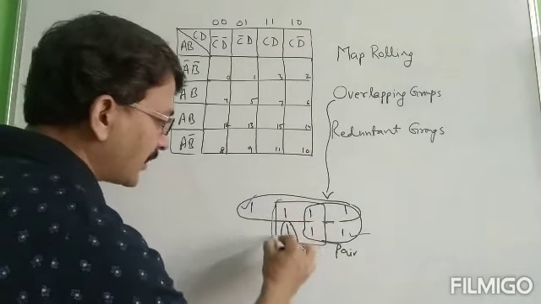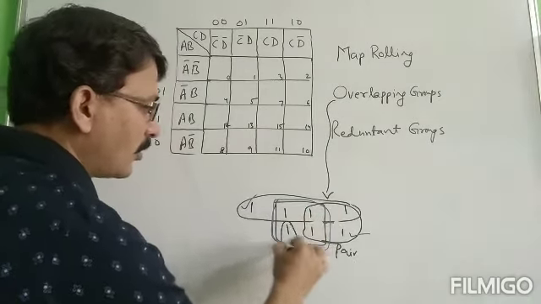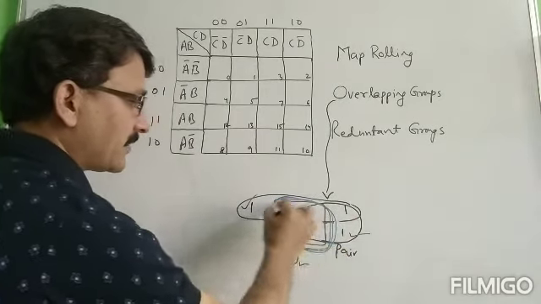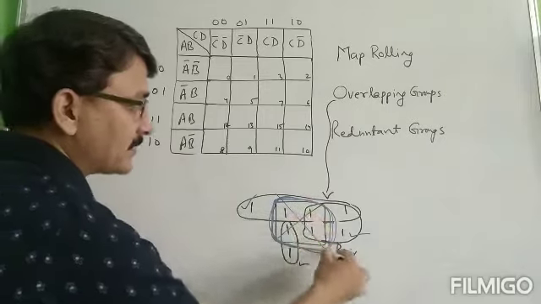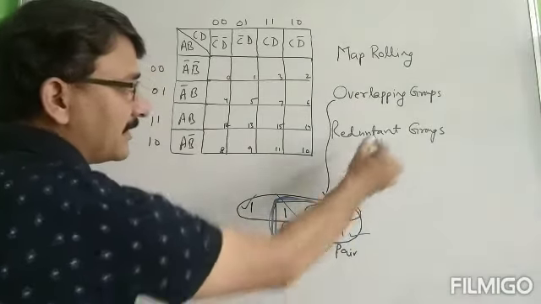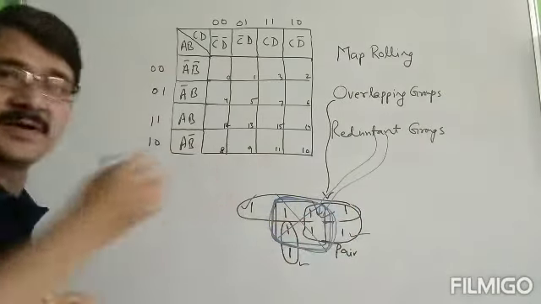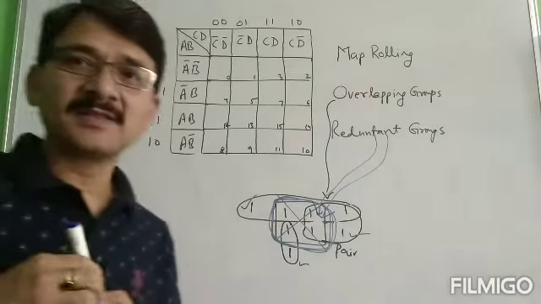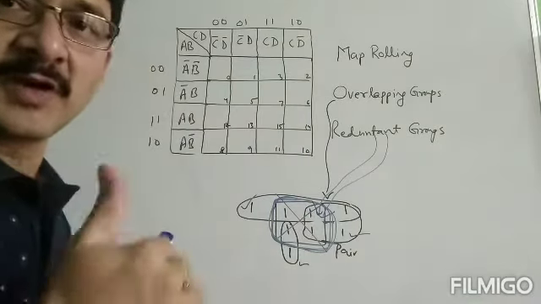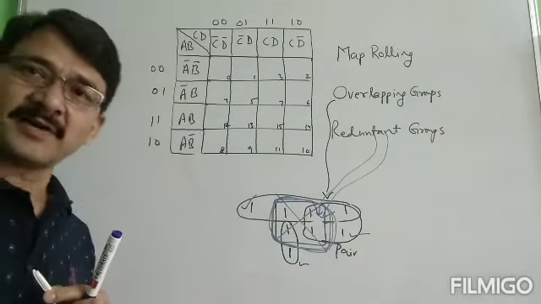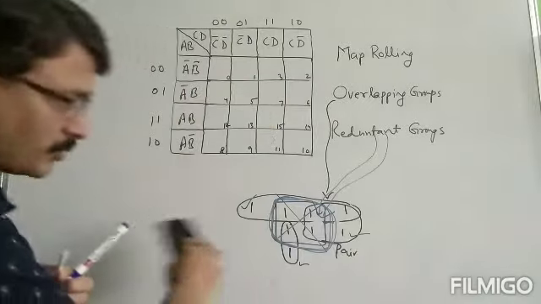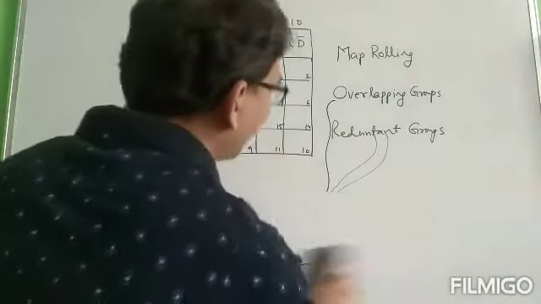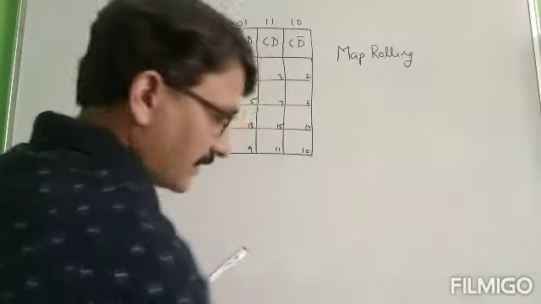But the original quad has no free element. As a result, it becomes a redundant group. Redundant means this particular group we are not going to consider in our final answer. That is redundancy. So you have to avoid redundancy in your K-map designing.